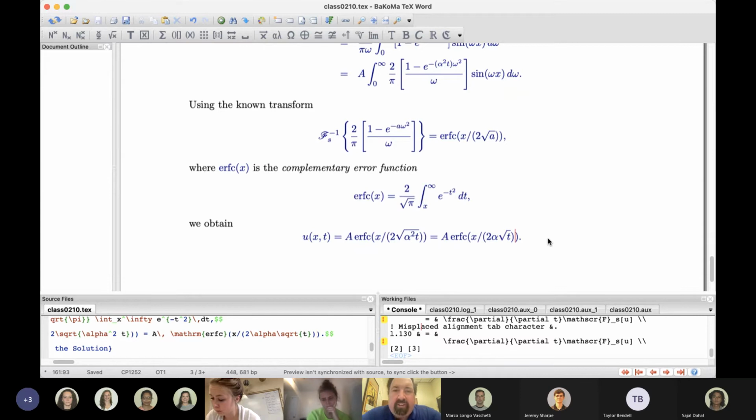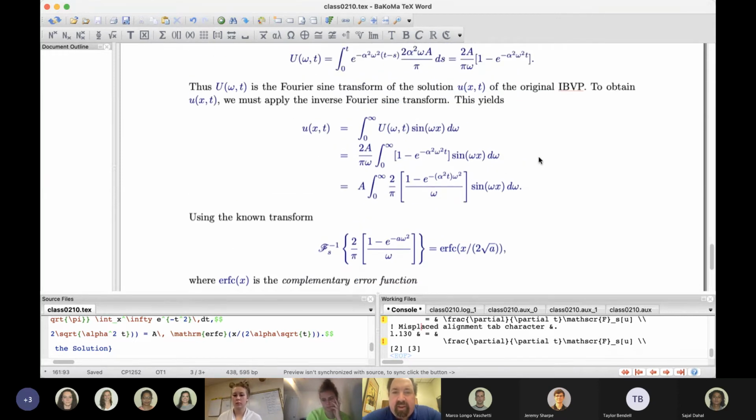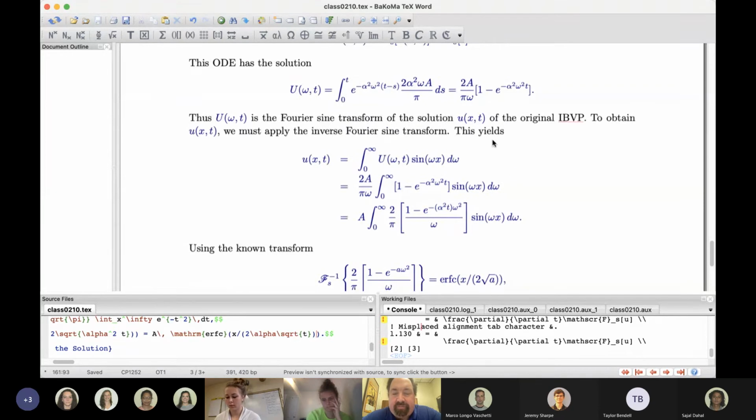So the idea is, from your initial boundary value problem, based on the boundary conditions and the domain, you choose your integral transform. You perform the transform on both sides of the PDE, which will give you an ODE in t with parameter omega. You solve the ODE, which gives you the transform of your solution.